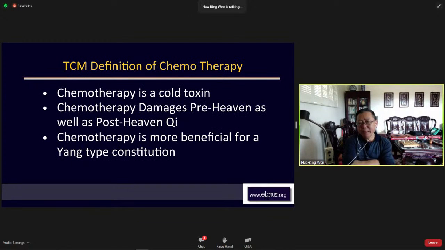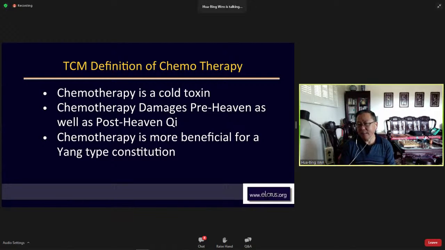So the TCM definition of chemotherapy: how do we look at it? In general, chemotherapy is considered as the cold toxin. So you may ask, how do we know it's the cold toxin? Basically based on how the body reacted to chemotherapy. Fatigue, feeling cold, poor appetite, loose stools, diarrhea, hair loss, and pain.